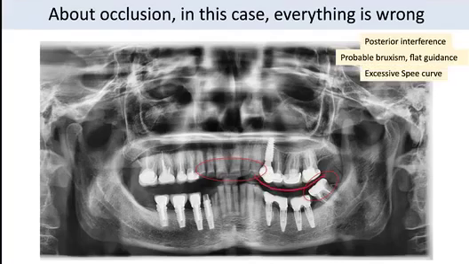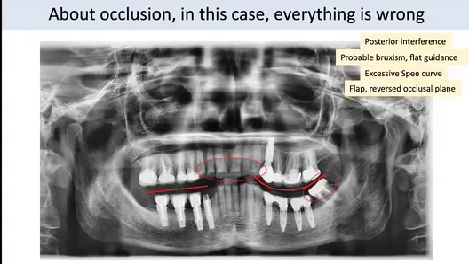Excessive curve of Spee on the left side, very excessive. And flat and reversed occlusal plane in the left side. That means asymmetrical function of mastication, for example, and on the movement.